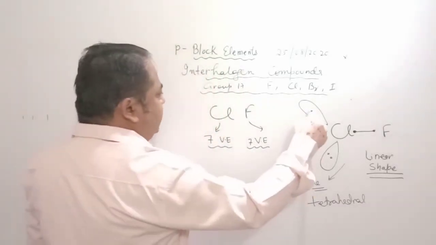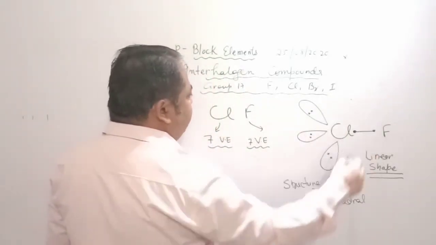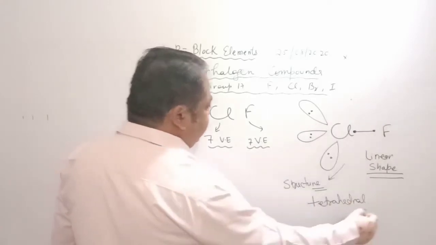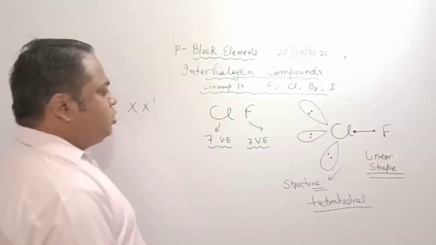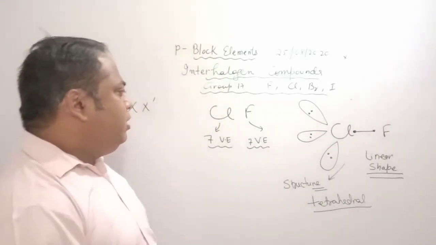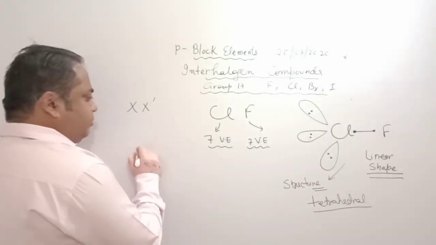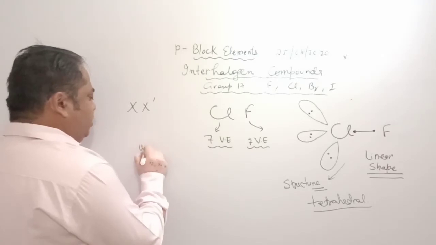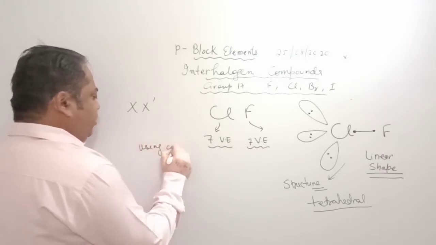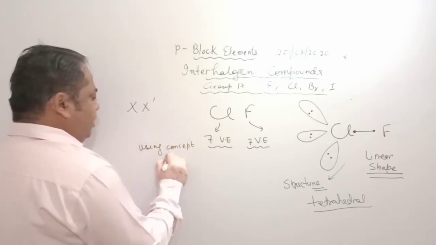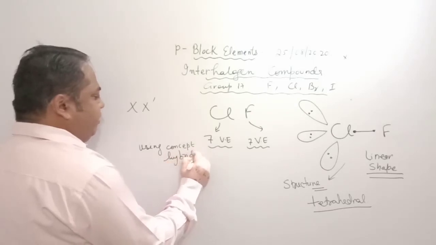See, 4 points are there, 1, 2, 3, 4, and whenever there will be 4 points arranged like this, it will form a tetrahedral structure. I can show this tetrahedral structure formation using the hybridization concept also. Using the concept of hybridization also, the same can be proved.